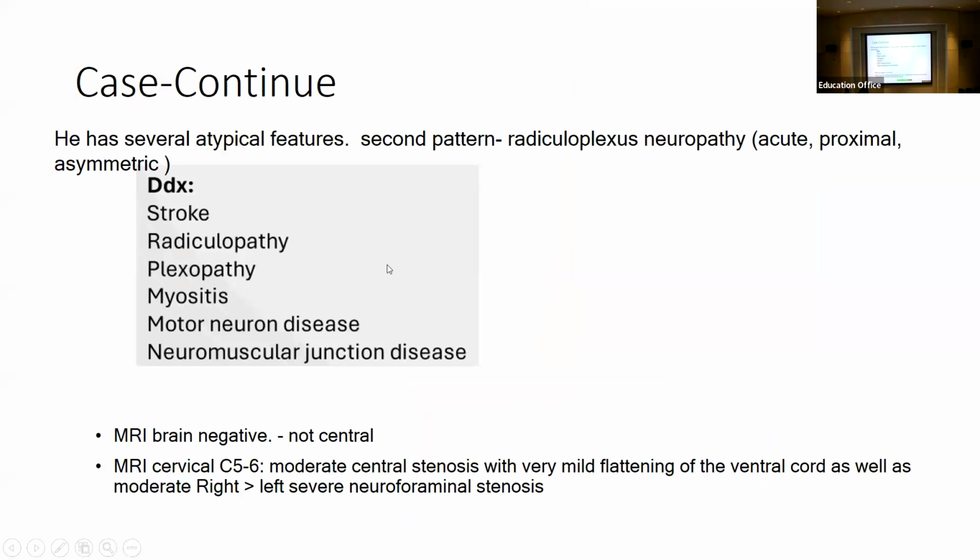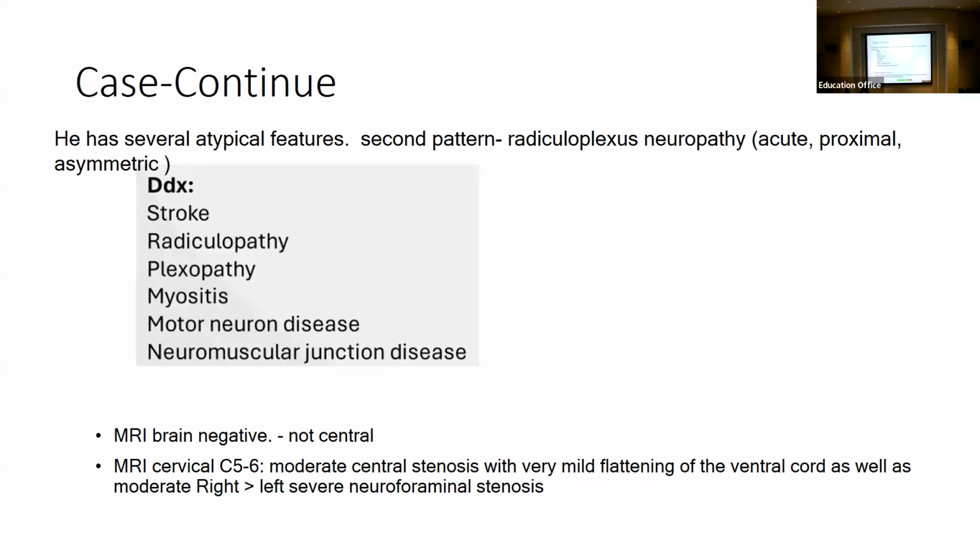For this patient, he does have several of the atypical features that we mentioned earlier. His onset is acute, and the involvement is more proximal. This fits the second pattern, which is radiculoplexus neuropathy. Of course, in the ER you want to rule out stroke first, and his MRI brain is negative.